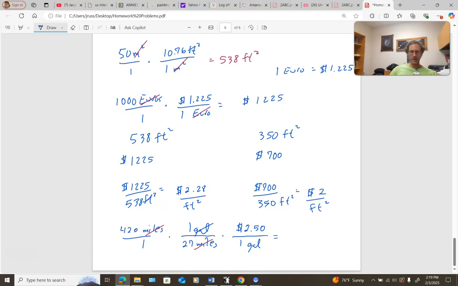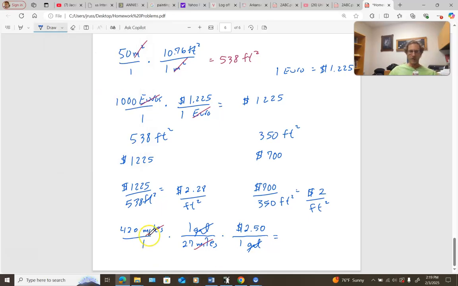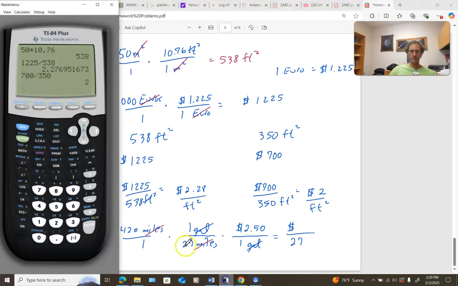So you can see the gallons divide out. And in the denominator, we're just going to get 27. We are going to have dollars in the numerator, 27 in the denominator. And then we need to see what 420 times 250 is. And it is 1,050.